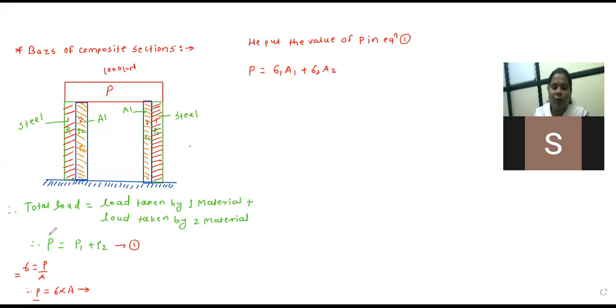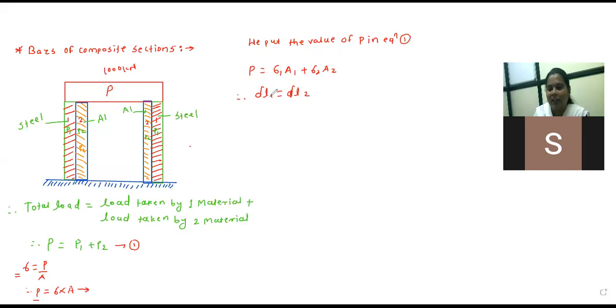After that we have to put the value of force in the first equation. So P is equal to sigma 1 A1 plus sigma 2 A2. Now we will convert this formula in terms of del L, that is del L1 is equal to del L2. So this force condition is over up to this point.